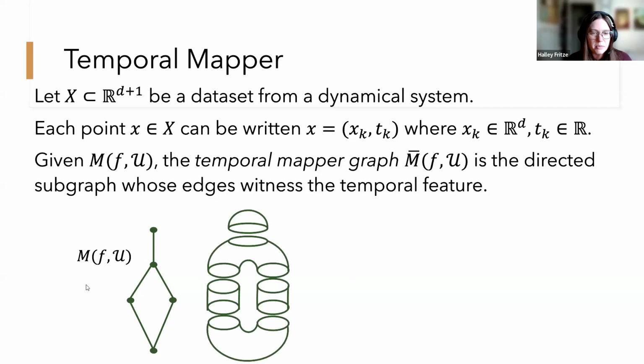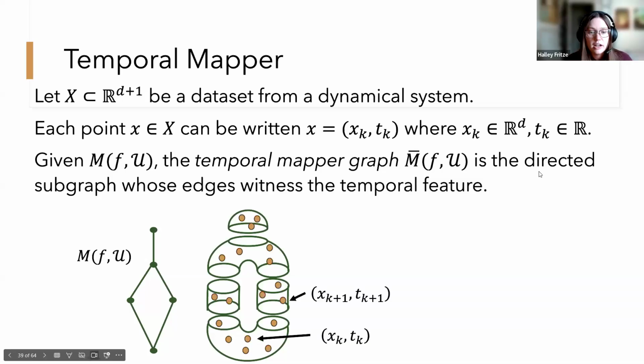So what do I mean here? I have a mapper graph. Remember, the mapper graph is just the nerve of some pullback of a cover, and that cover contains data points. So if I have some data point, x sub k, t sub k, in one portion of my cover, and in the next cover that is connected to it by an edge, there's the t sub k plus 1 point, well, that means that edge witnessed some transition in time from this point to this point as the dynamical system ran.